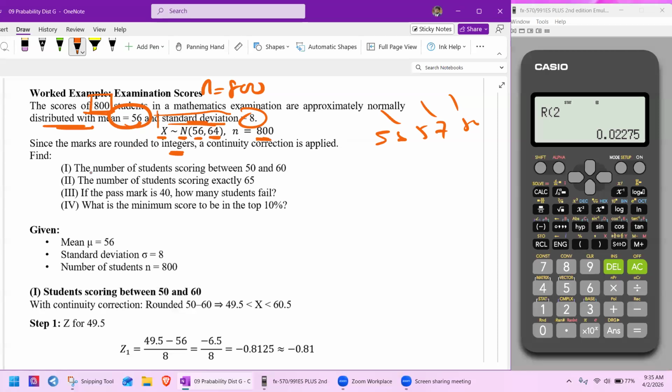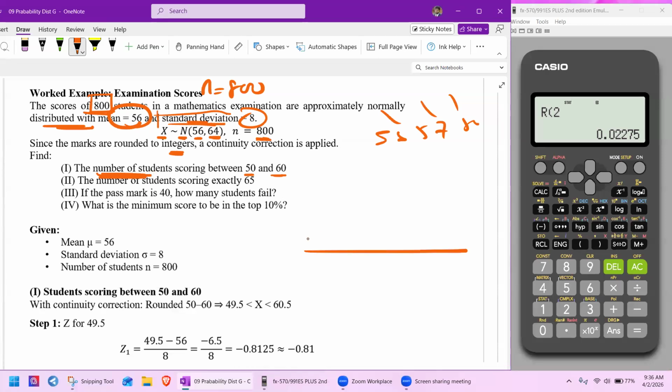First, the number of students scoring between 50 and 60. We have to find the number. Earlier we found the probability; now we find the number of students. We have to apply the probability to the exact numbers.